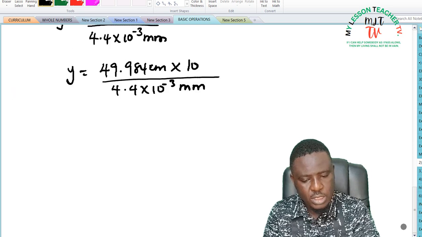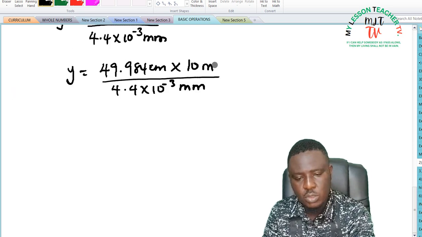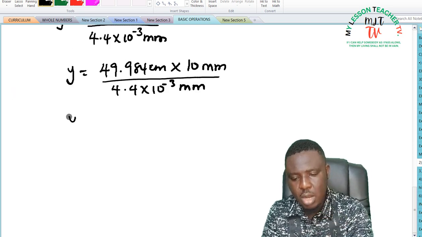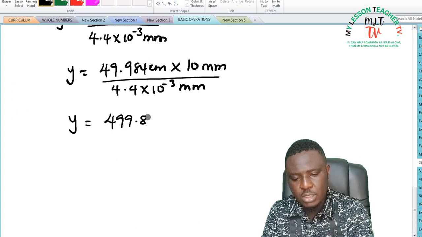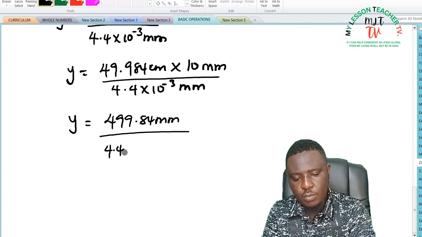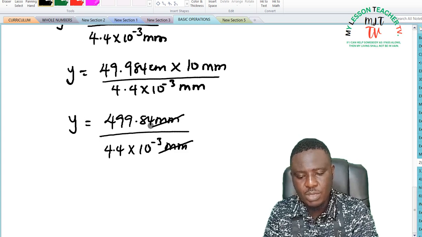When you do this, it converts it to millimeters, so that our y is equal to 499.84 millimeter, all divided by 4.4 times 10 raised to the power of minus 3 millimeter. Millimeter will cancel millimeter, so our answer will be in quantity.